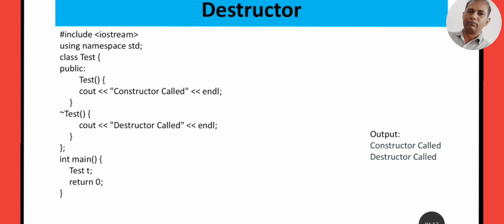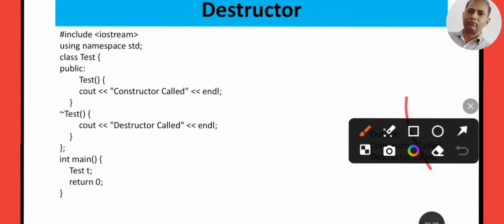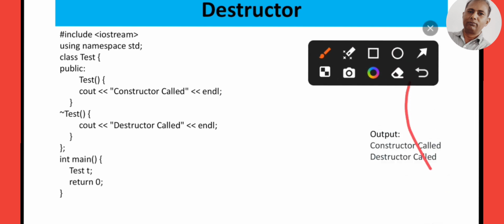Now we can see one example of the destructor, how we can make the destructor. We have written iostream, then we are using namespace std. Then class, and the name of the class is Test here. Then we have made one constructor. How do we write it? We write the class name, then parenthesis.